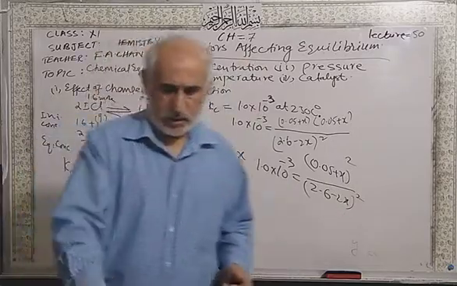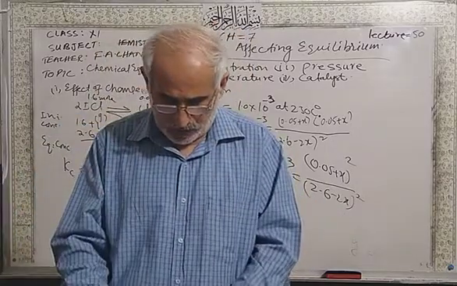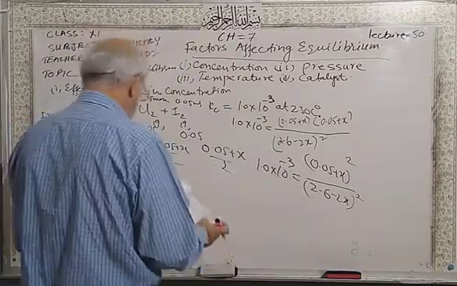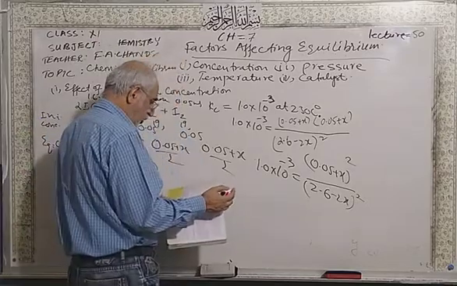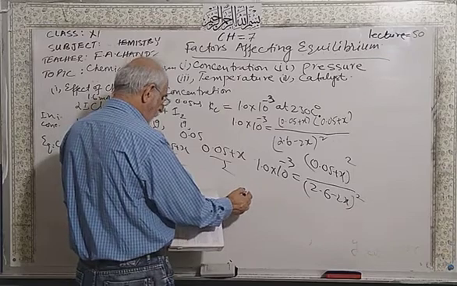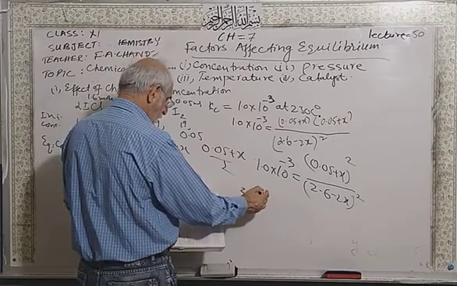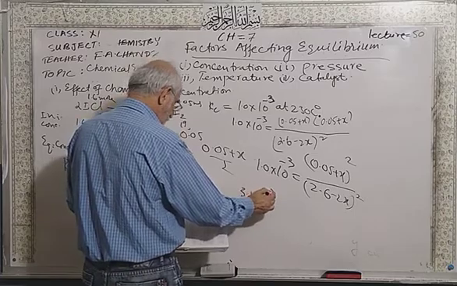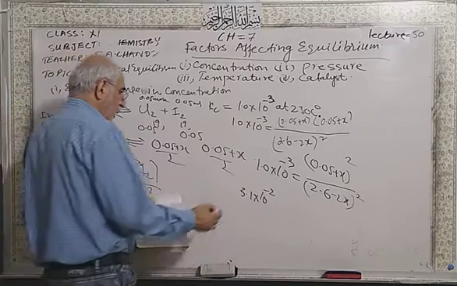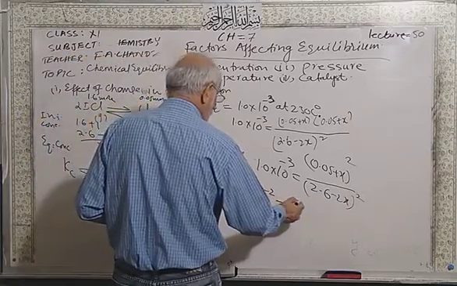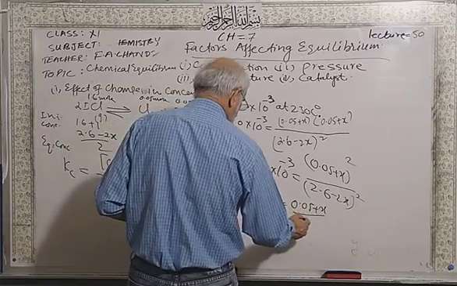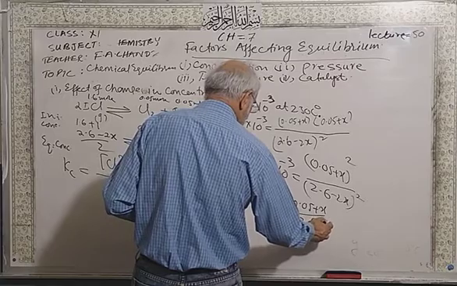So taking the square root on both sides, the volume is going to be cancelled, dear students. Volume cancelled. So when you take the square root, you will get 3.1 × 10 raised to the power minus 2 equals 0.05 plus x over 2.6 minus 2x.